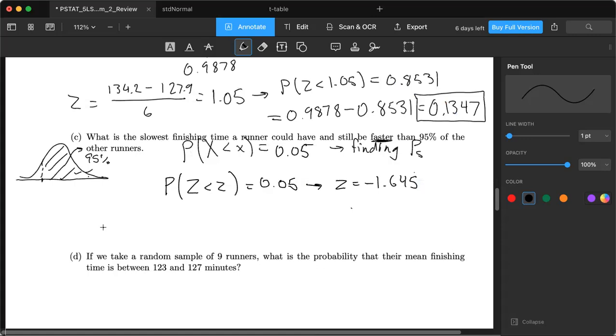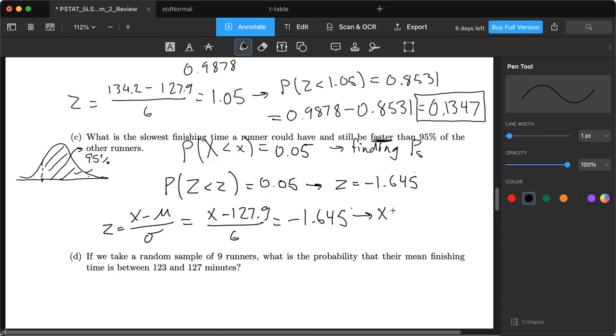Z is equal to x minus mu over sigma, which is equal to x minus 127.9 divided by 6, and the z-score is now negative 1.645.